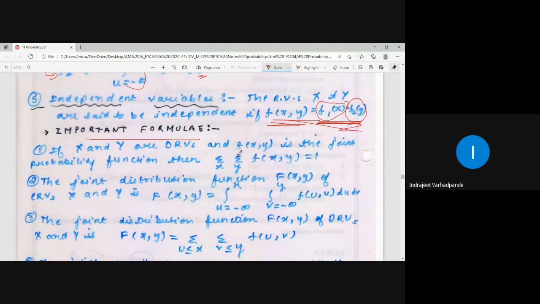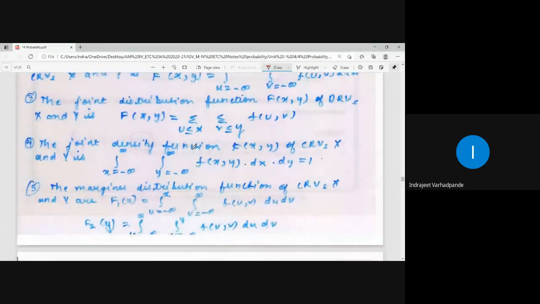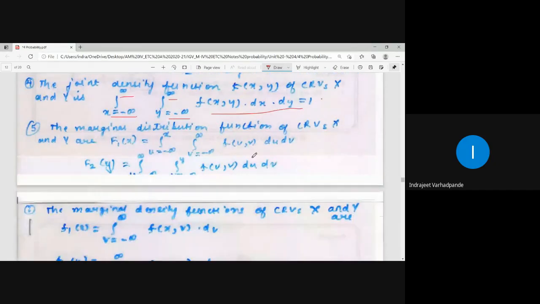Summation over x, summation over y, f of xy is equal to 1. Grand total equal to 1. This is the joint density function given by integral minus infinity to infinity for x, minus infinity to infinity for y, f of xy dx dy is equal to 1.